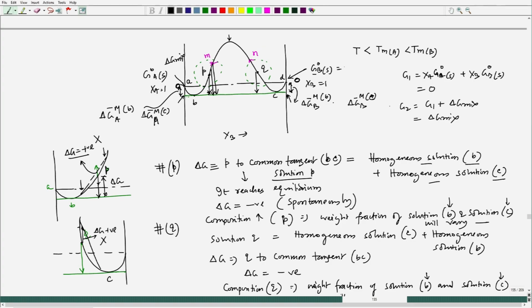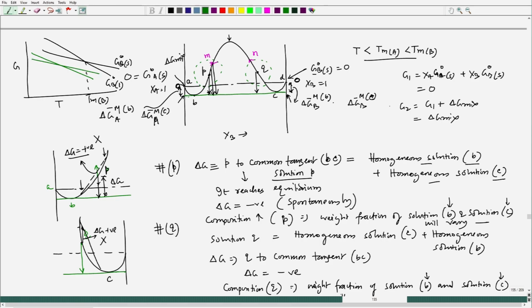Why? Because these two are assigned as 0, because when we have such a situation, the solid A and solid B both will be stable. And how do we know that? We have done it before. So, this is G, this is T, this is for T_M B, and this is G_B naught solid, this is G_B naught liquid, and another one which is for A, I can write this.